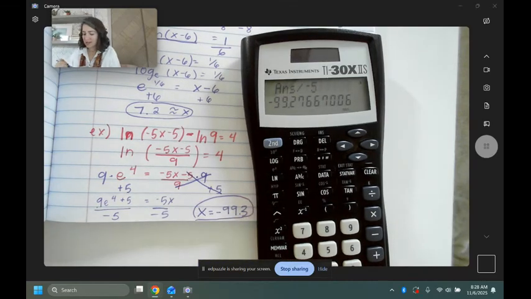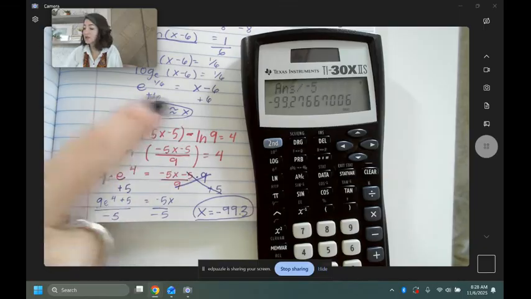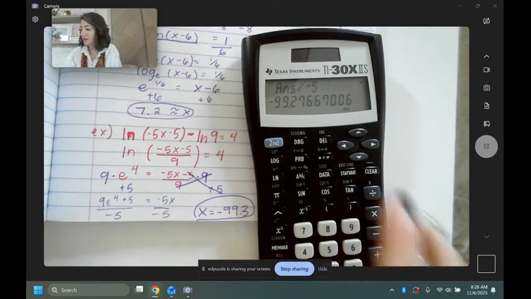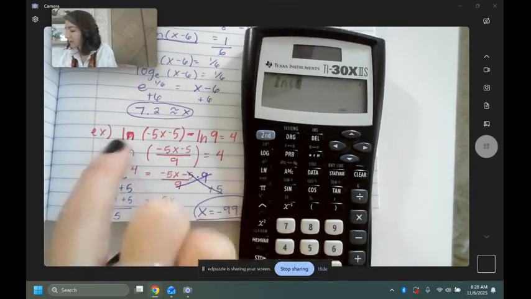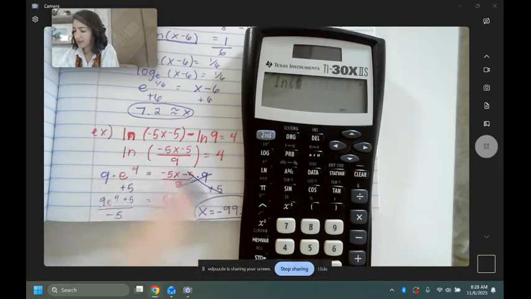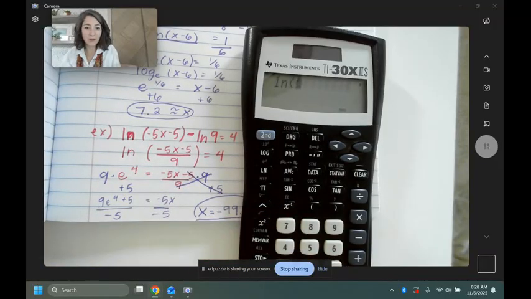And just to check that, if you're not 100% confident about your answer, here's how to check it: plug it back in. I will type this whole thing, and instead of x, let's sub in negative 99.3.